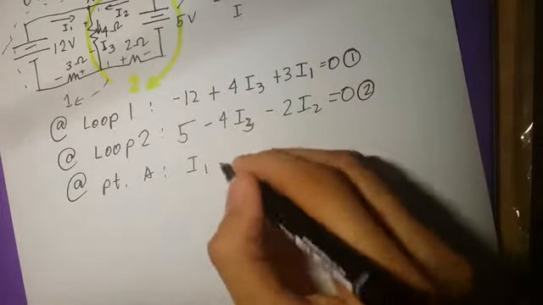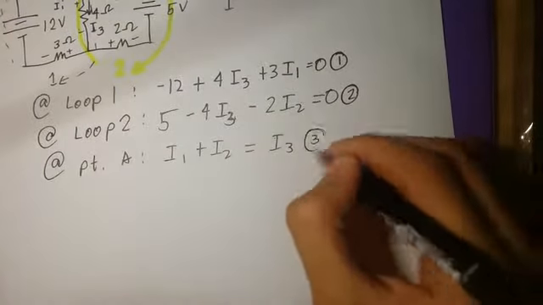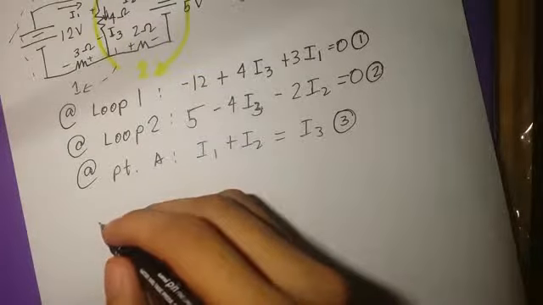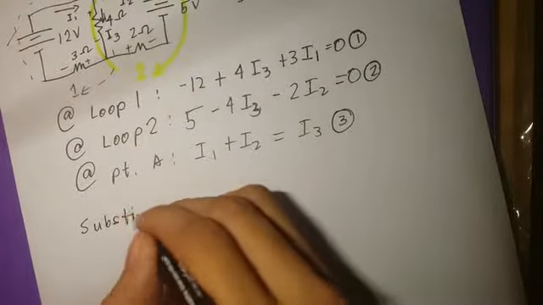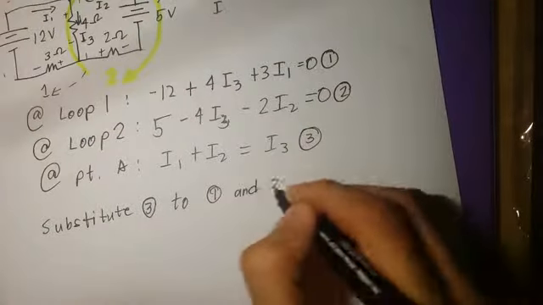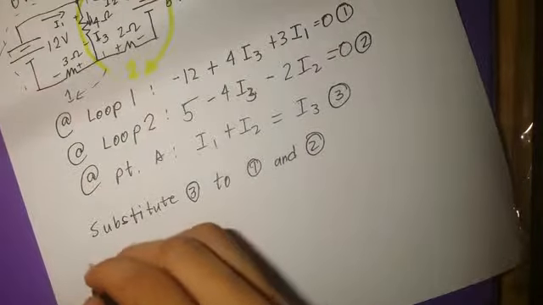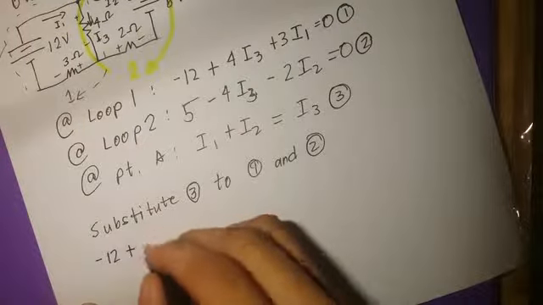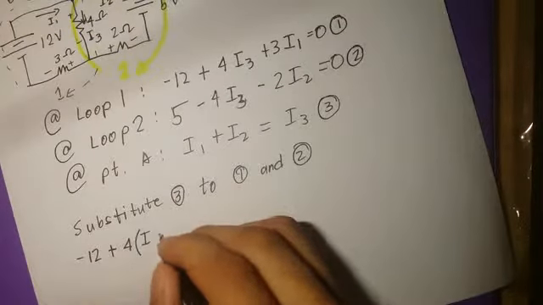Now at node A, let's represent our current law. The current entering is I1 and I2, and the leaving current is I3. So I1 plus I2 equals I3. That's our third equation. Now substituting the current law, equation 3, to equations 1 and 2.